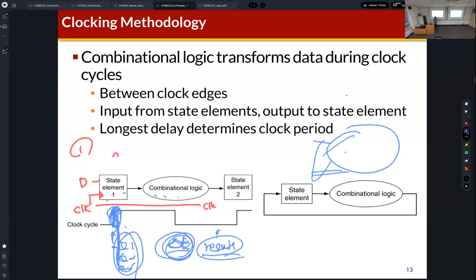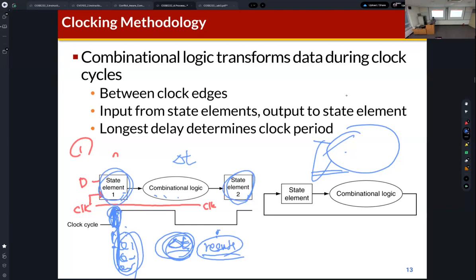Then, how can we determine the clock period? So this is the system model. There is a delta T. There is a D flip-flop here, and a D flip-flop here, and all signals are synchronized by these D flip-flops.